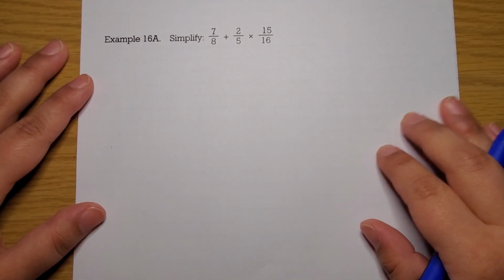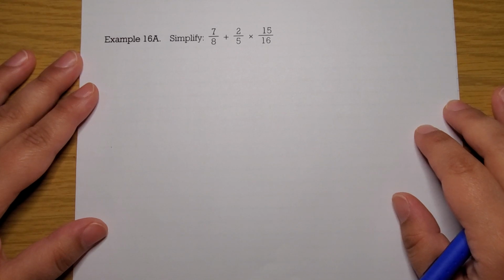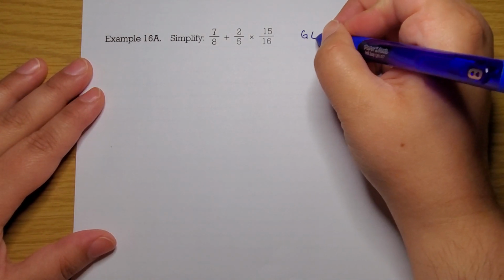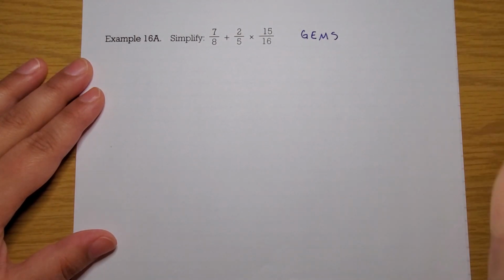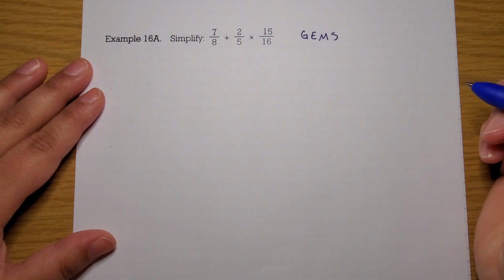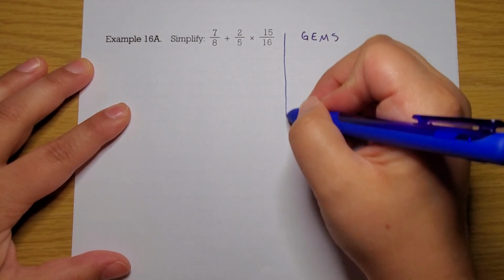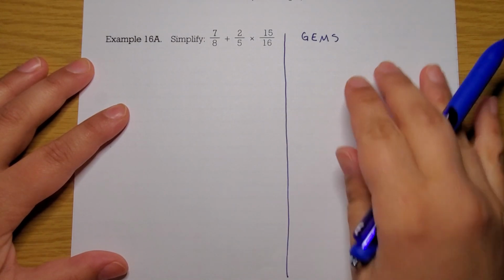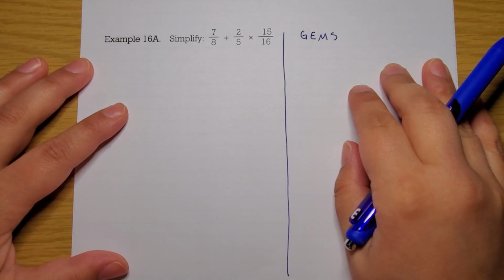So let's start out with 7/8 plus 2/5 times 15/16. And as a reminder, I'm going to put a note to myself. Let's use GEMS. And I'm going to draw a line here to separate out my main problem from the work for each of the individual steps.